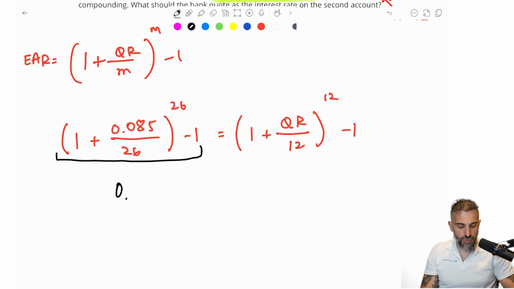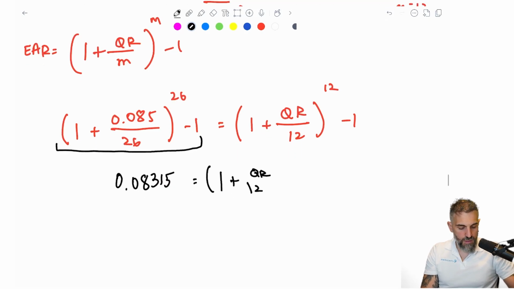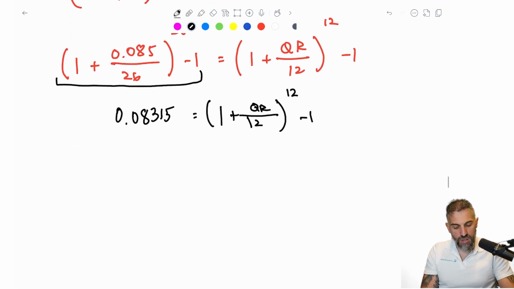So this is 0.08315. Okay, and then you keep working it down. So we're going to add 1 here to get rid of that. So you have 1.08315.